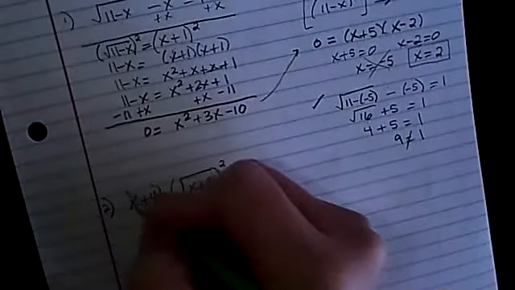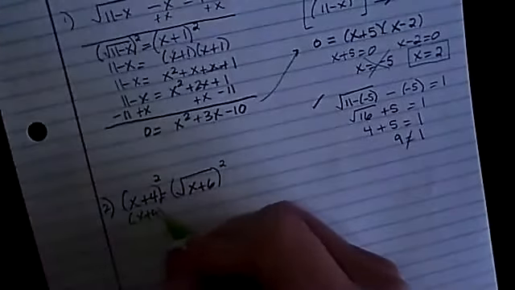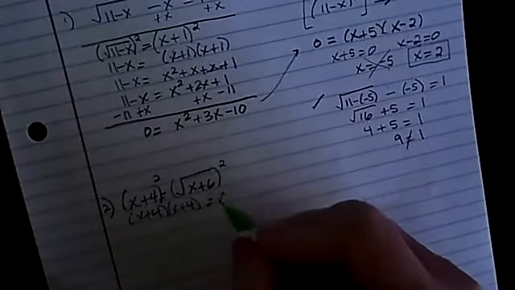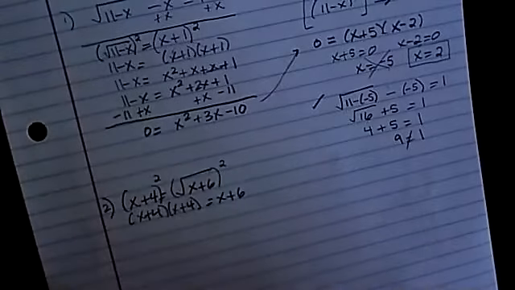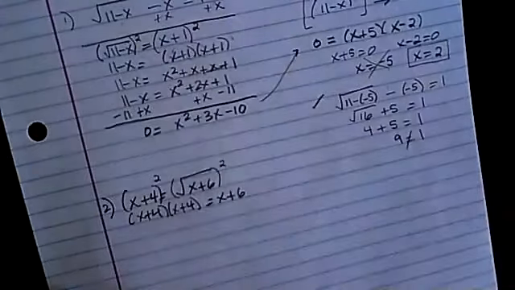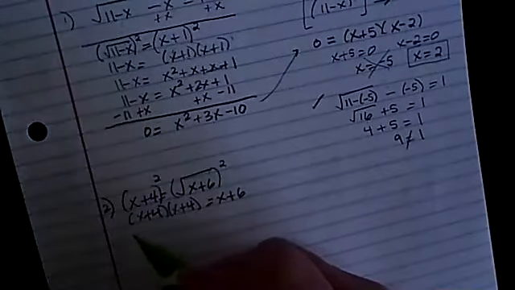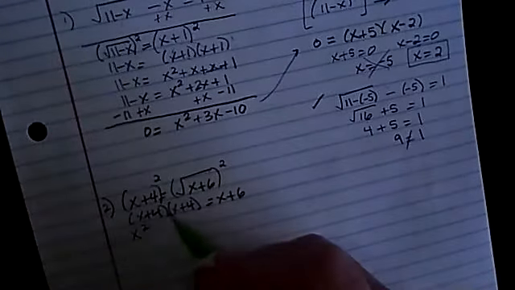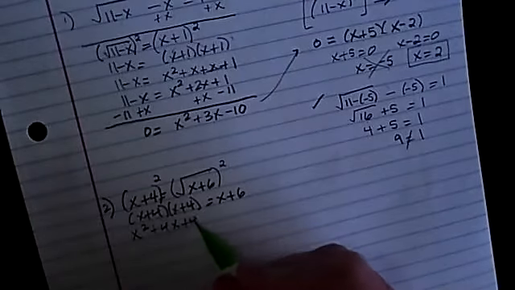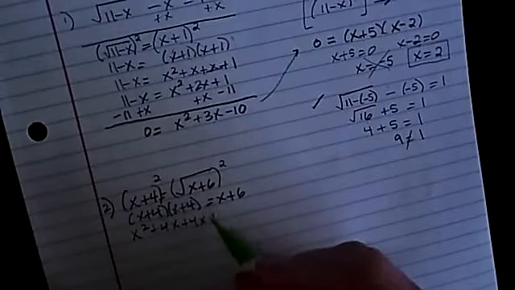But then again, you have to square this side. So this is saying take x plus 4 times x plus 4 equals, these cancel each other out. And we're kind of back to where we were up here, where we just have to multiply it through and solve for x. So distributing through, x squared plus 4x plus 4x plus 16.